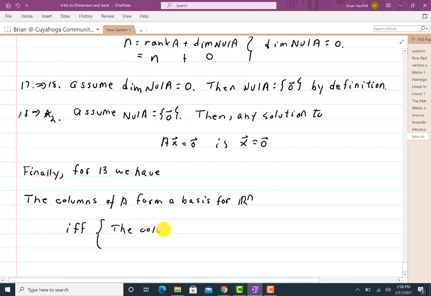The columns of A form a linearly independent set.